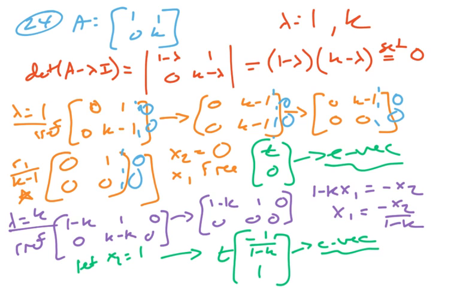So the long story short is I can get a one-dimensional eigenspace for this one eigenvalue given that structure, and a one-dimensional eigenspace for that other eigenvalue given this structure, right? Along the way, the only issue I ran into was I had to divide by this 1 minus k.